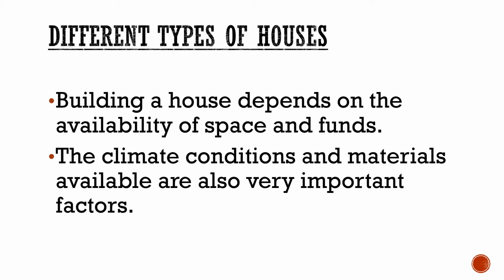Building a house depends on the availability of space and funds. And we have already discussed how the climate conditions are important. And of course, the material availability is also a very important factor.